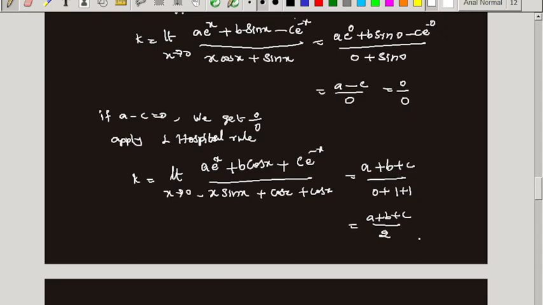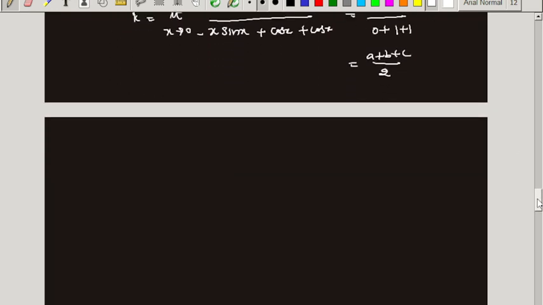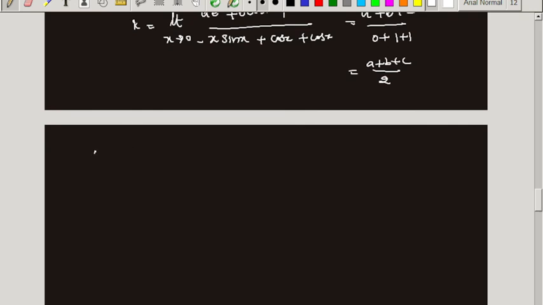This one we cannot write as 0 by 0, so here we obtain the solution.